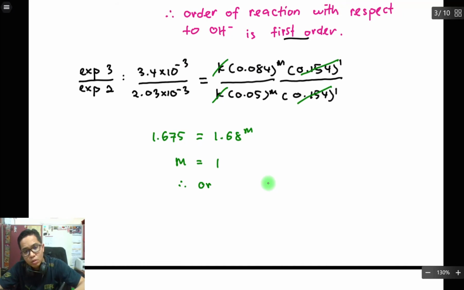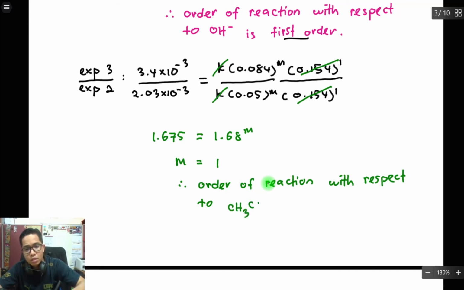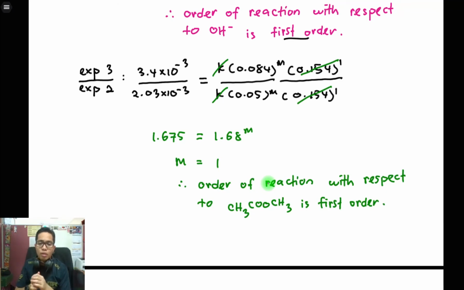Therefore, the order of reaction with respect to CH3COOCH3 is first order. Alright. So first order for both of the reactants. So that is for question number 1.